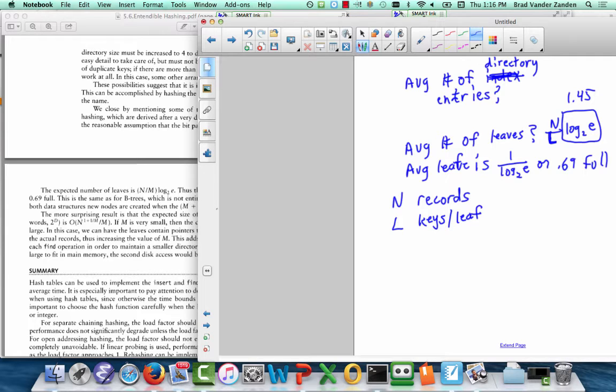The surprise is actually on the average number of directory entries. Remember, it seemingly could get very big, and that's a worry.